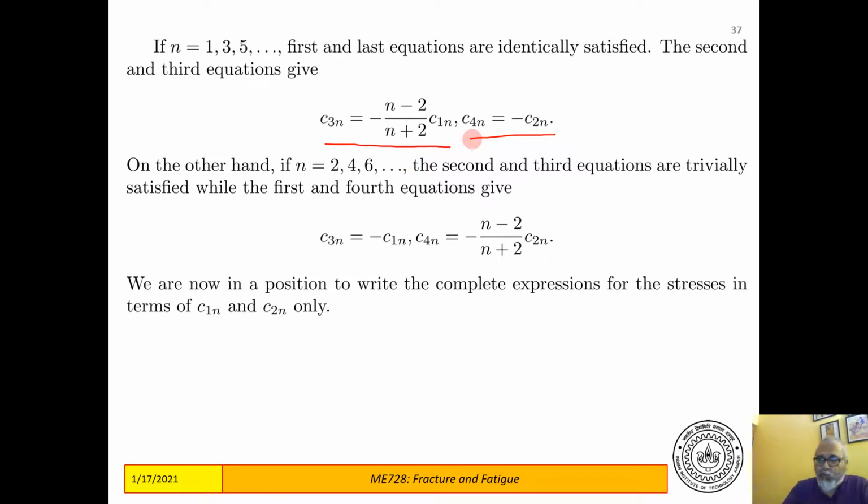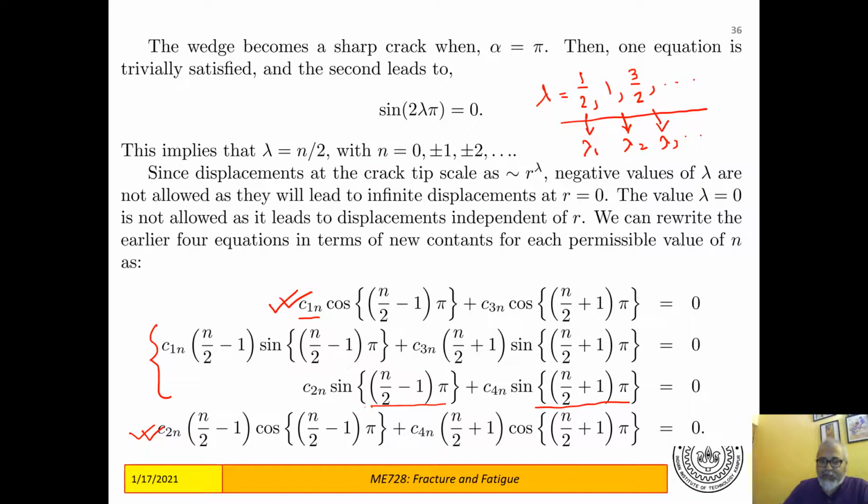Similarly, for 2, 4, 6, so for even values of n, this will be identically equal to 0. So this will be 0, this will be 0, this will be 0, and this will be 0 as well. So these two equations will be identically equal to 0. So you will get a relation between c1n and c3n from here, because this will be 1 and this will be 1.